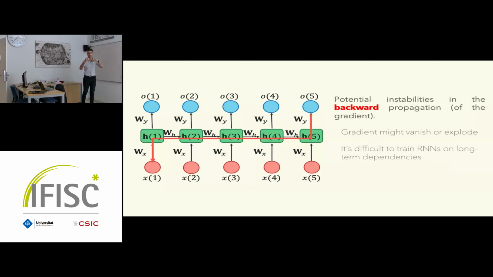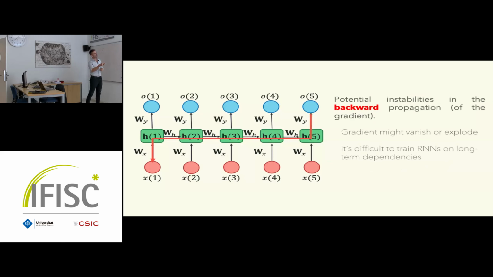Similarly, when you consider training these kinds of networks, you can have instabilities also in the backward propagation of the gradient. What does it mean? It means that at a certain point, when you have calculated the output, for example here, you will have an error or a loss value that you will use to calculate the gradients and modify weights here, in all of the time steps.